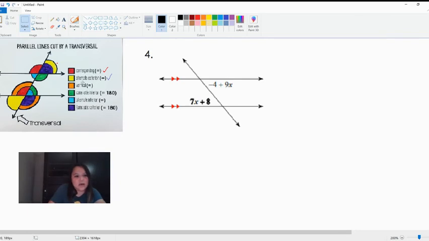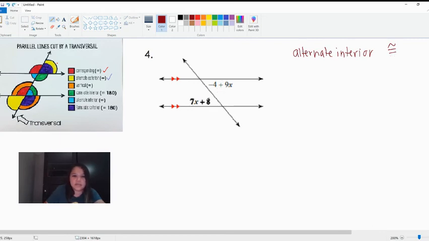So let's take a look. Alternate interior angles are equal. So here's an example there, that little turquoise one. So we would say alternate interior angles, and we know that alternate interior angles are equal, or we can say congruent. So when we set up the equation, we can set it equal to each other.